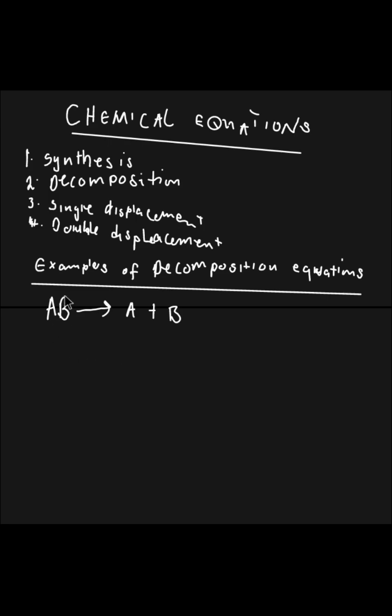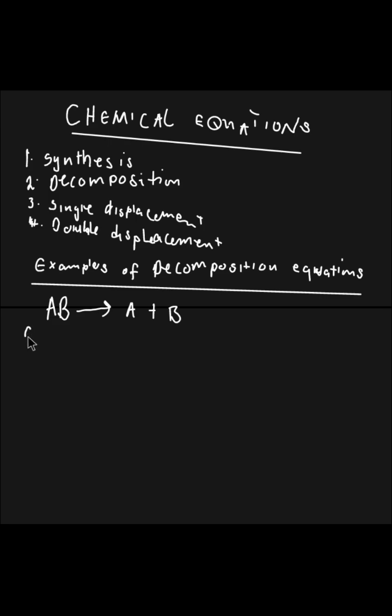So you have, for example, AB that is breaking down to form A and B. These could be compounds or simple elements depending on what type of compound you are looking at. So whenever you see a larger compound that is breaking down and forming such compounds or elements as products, just know that the type of equation that you are looking at is a decomposition equation.